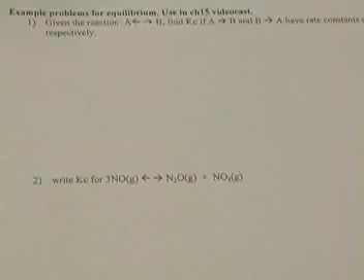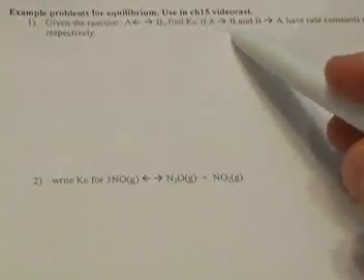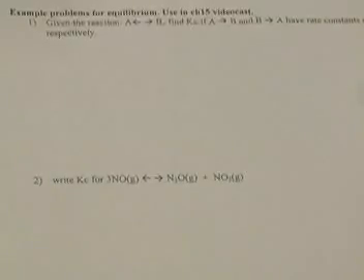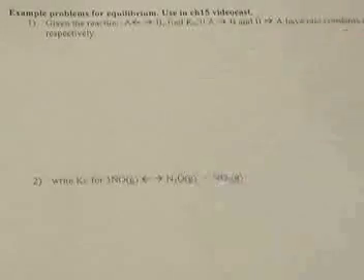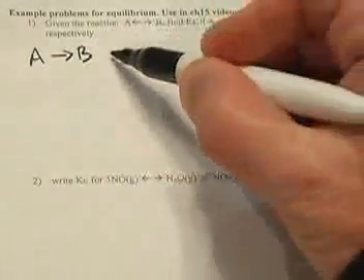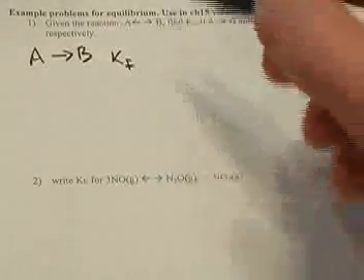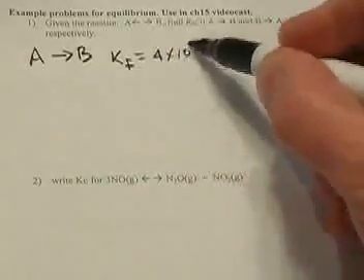Question number 1 says, given the reaction A goes to B, find the equilibrium constant if A goes to B and B goes to A have rate constants of 4 times 10 to the negative 2 and 2 times 10 to the negative 2 respectively. So what this is saying is that we have a reaction of A going to B with a rate constant in the forward direction, I'll put a little f down there, meaning that it's in the forward direction, of 4 times 10 to the negative 2.